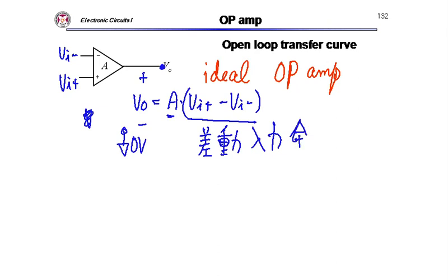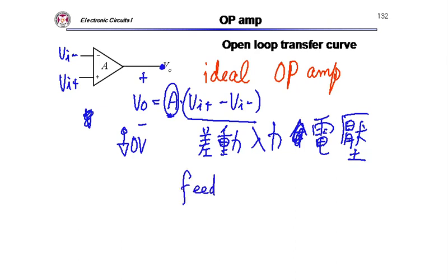When gain A is positive, I mean infinite. Usually the ideal op-amp gain is infinite, right? So we mostly use feedback.